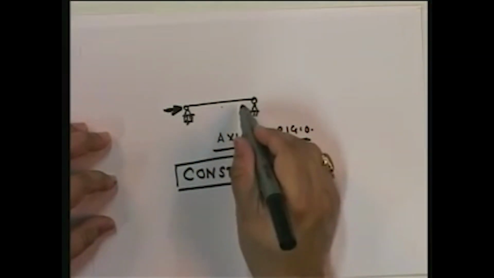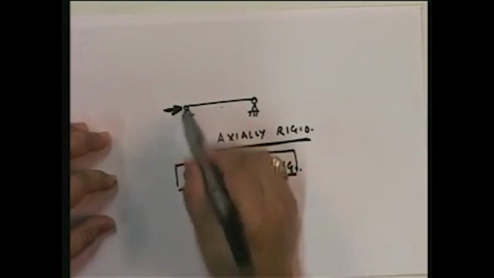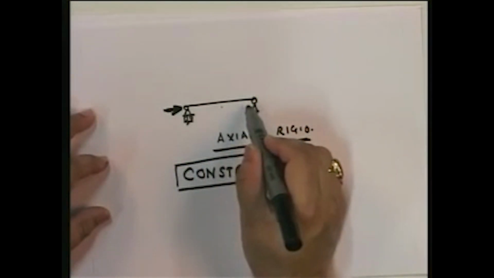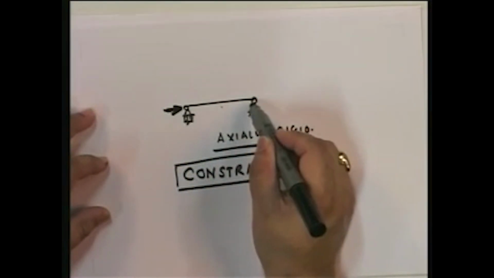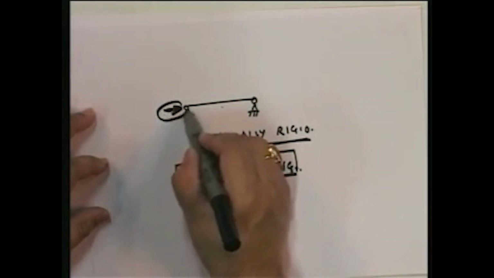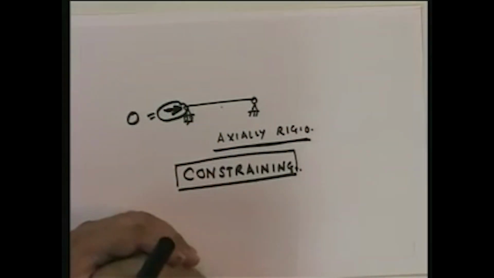And if this member is actually rigid, since this point is not going anywhere, can this point go anywhere? It can't. It's actually rigid. It cannot deform axially. If it cannot deform axially, this point cannot go anywhere, it means that I know this displacement. This displacement has to be 0. So do you understand what's happening?